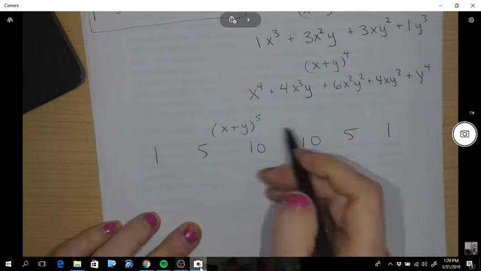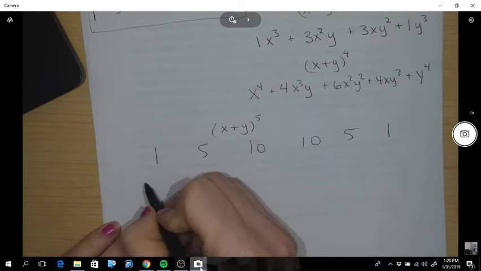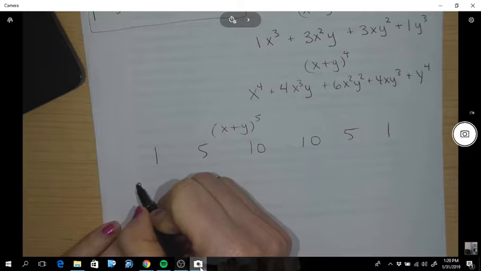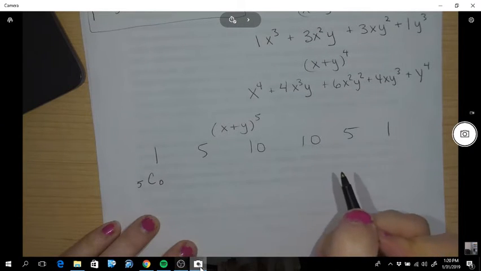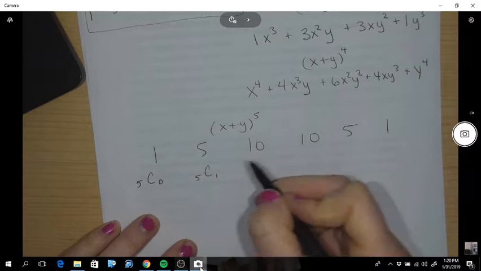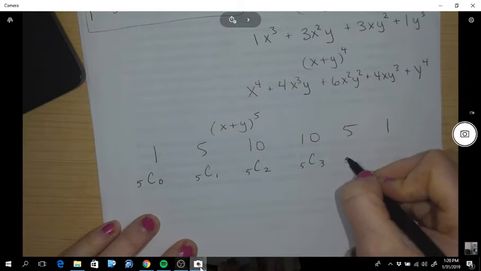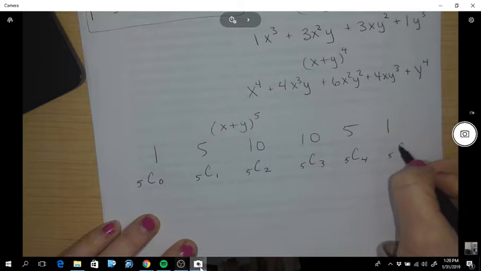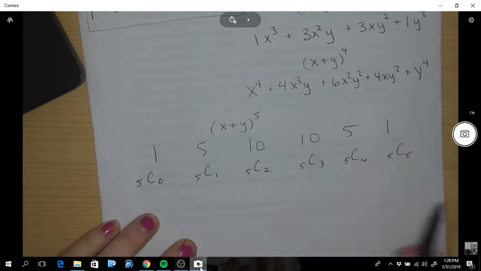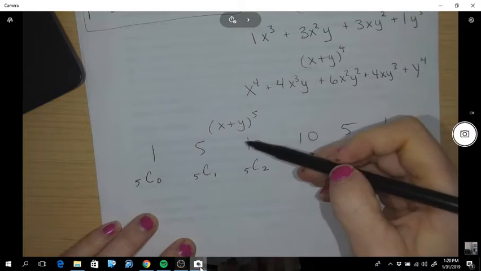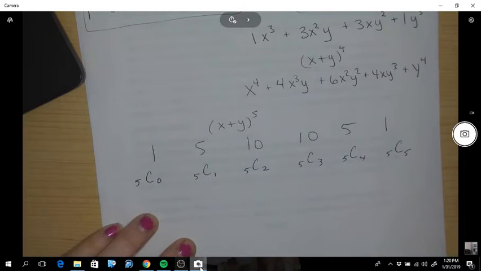These numbers develop from 5 choose 0 is 1, 5 choose 1, 5 choose 2, 5 choose 3, 5 choose 4, and 5 choose 5. That's where all these numbers also come from.